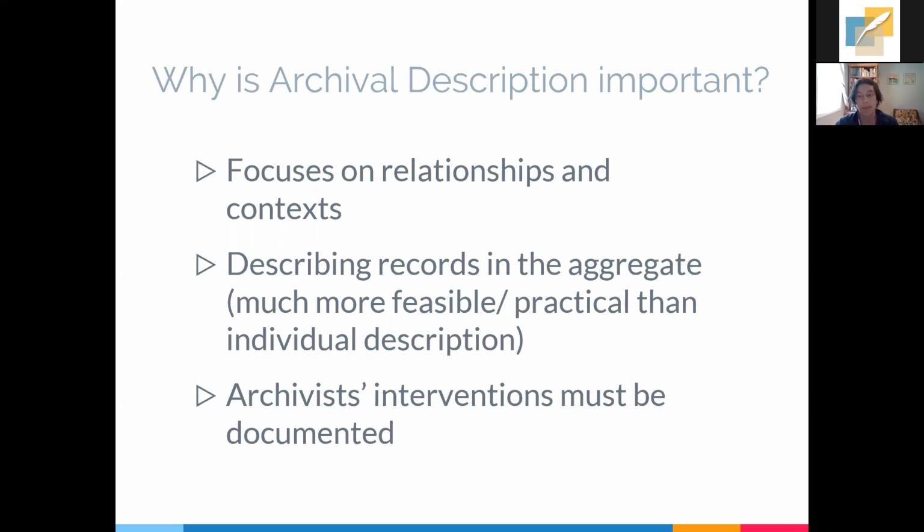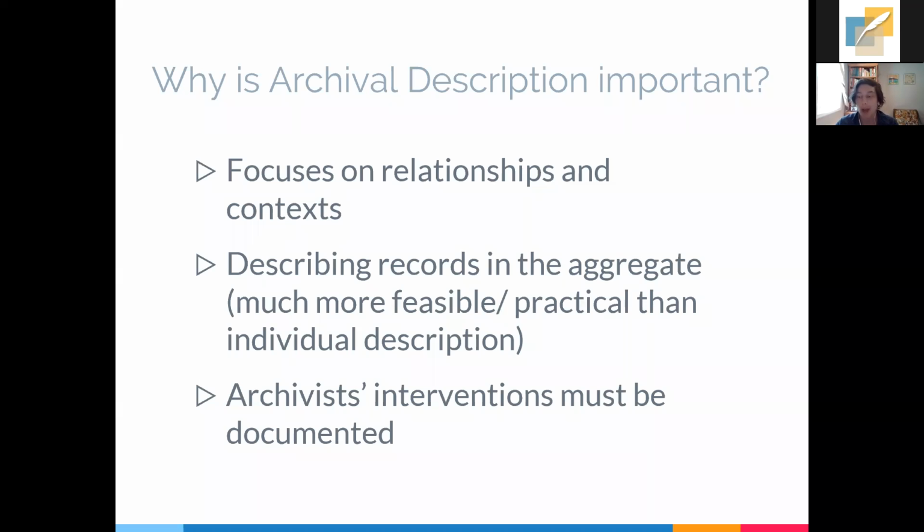Next, this is also a fundamental pillar of understanding archives, that records are arranged, managed, and described in the aggregate. This is part of what makes description important as well, right? Because you never truly finish if you try to describe every individual item, like we mentioned when we looked at the list of arrangement levels.